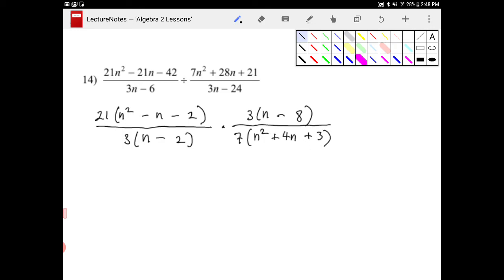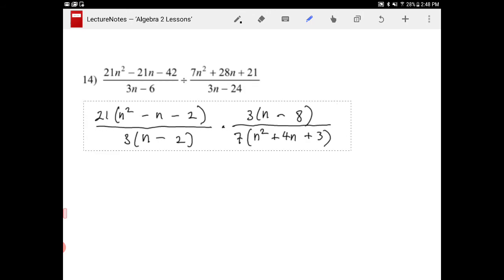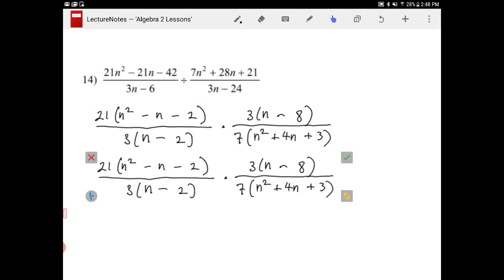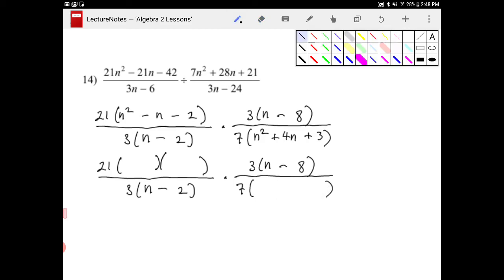I am going to try and factor this now even further. I'm going to get rid of this, and I'm going to get rid of this because I will factor them. So that factors into n minus 2, n plus 1. And the other over here factors into n plus 3, n plus 1.